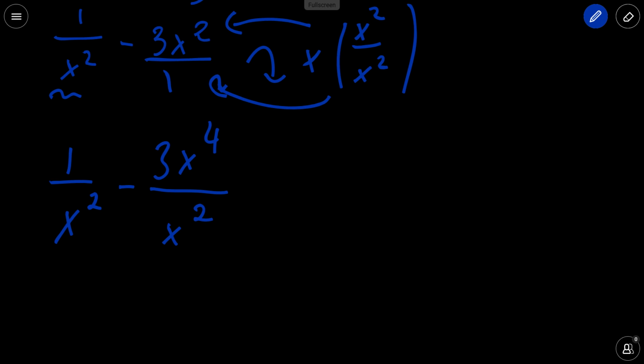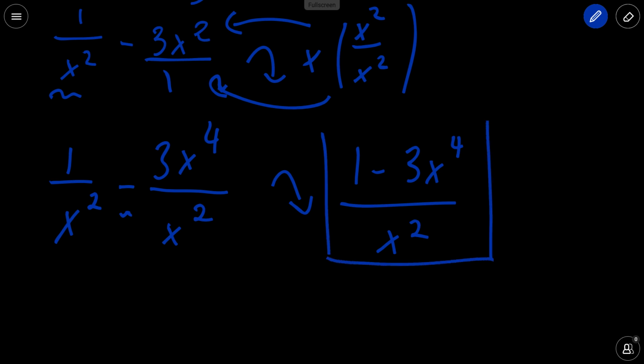From here, now that we have our fractions over the same denominator, we can further simplify that and combine this into one fraction, and that would give us 1 minus 3x to the power of 4 over x squared. You might not feel like we really achieved much, but we certainly simplified this whole expression and made it into one term, and this is what we were after.